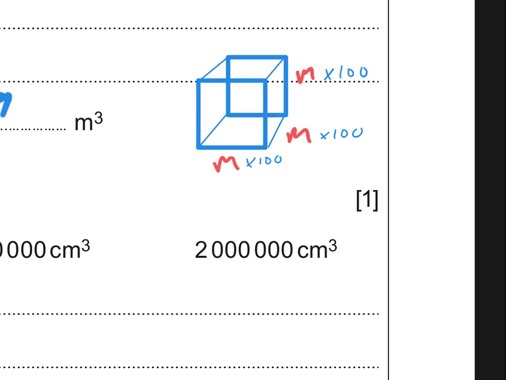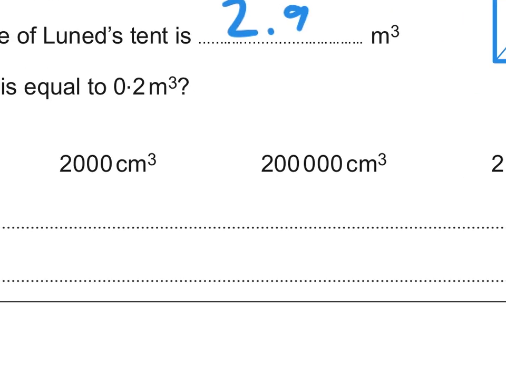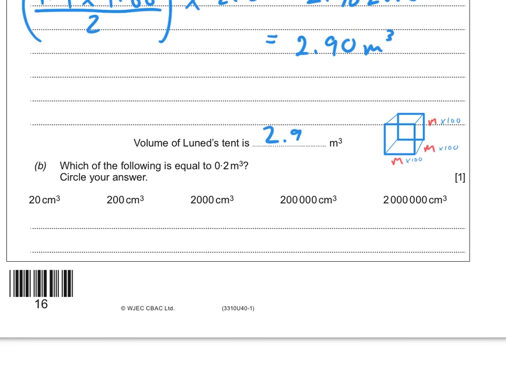So that's effectively what you're doing to 0.2. So 0.2 times 100 times 100 times 100 gives 200,000 cubic centimeters.